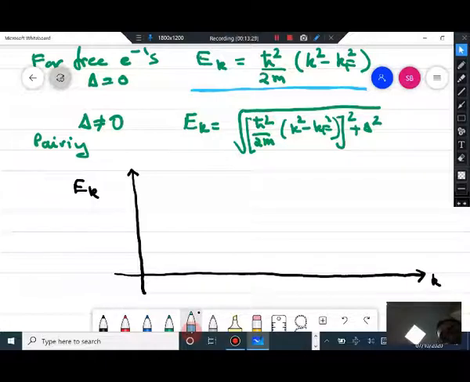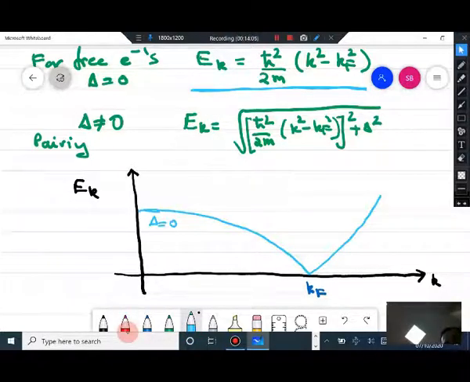Then for individual free electrons, the plot of Ek is just this. It will go to 0 at kf. So at the Fermi wave vector kf, this will go to 0, and this is the nature of the dispersion that you get, Ek versus k, for delta equal to 0.